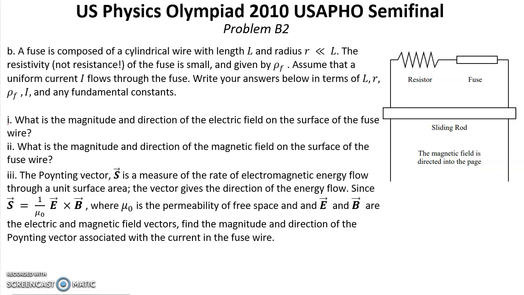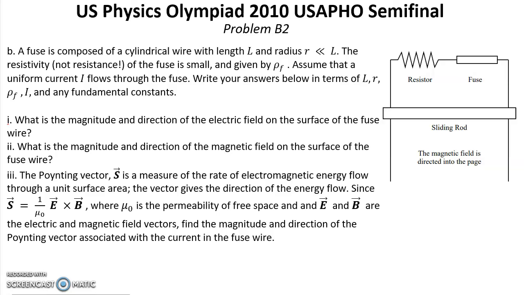Third question. The Poynting vector S is a measure of the rate of electromagnetic energy flow through a unit surface area. The vector gives the direction of the energy flow.